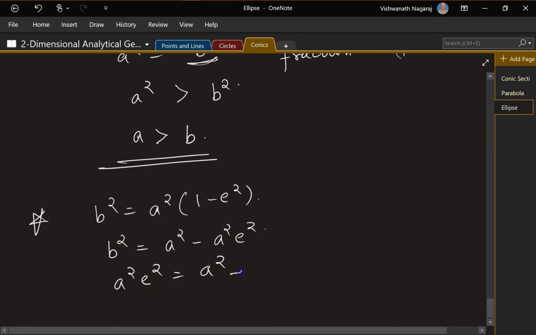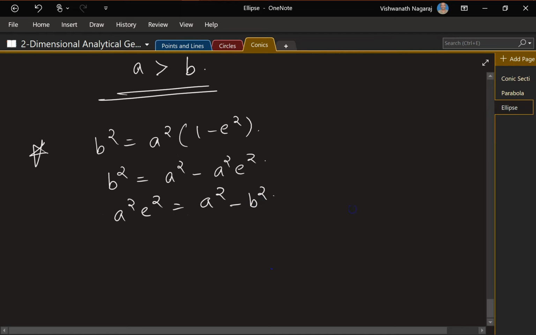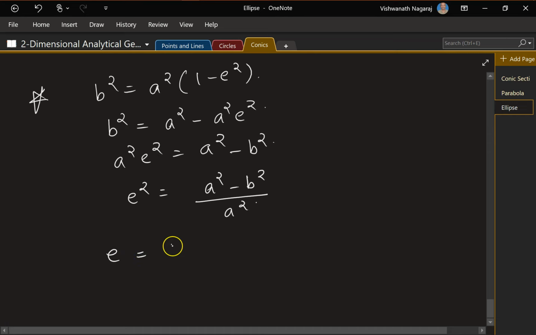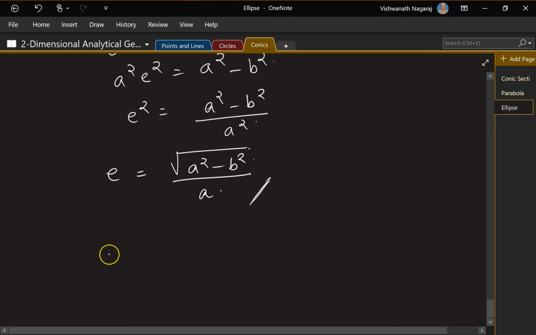This will be minus b square. Now e square would be (a square minus b square) by a square. So e would be square root of (a square minus b square) by a. I have taken the square root of a square in the denominator. So if you are given a and b and you are asked for the eccentricity, this is the formula.